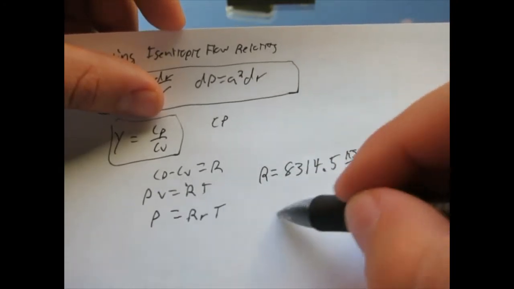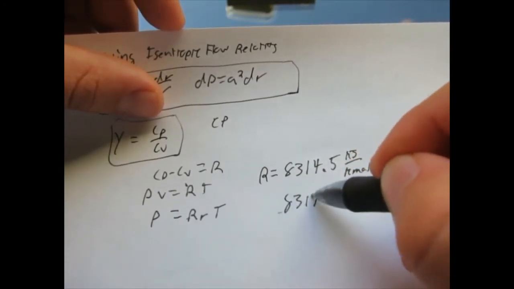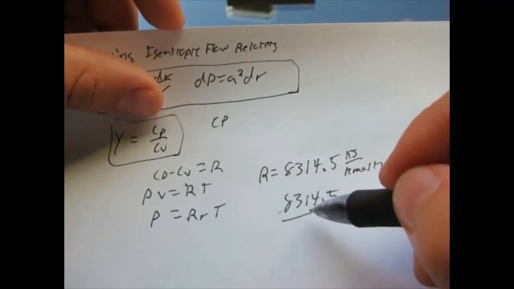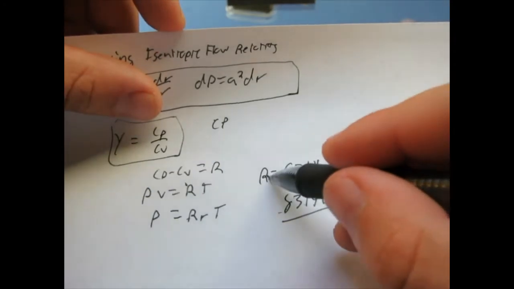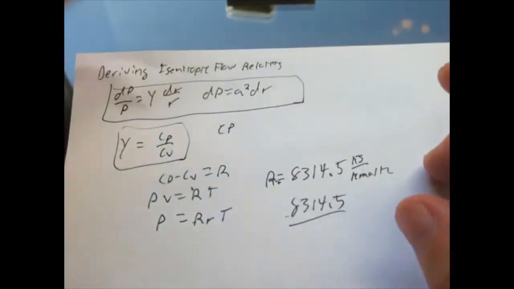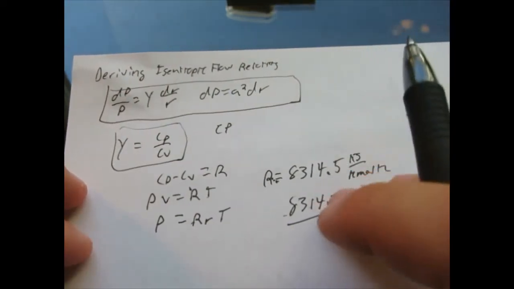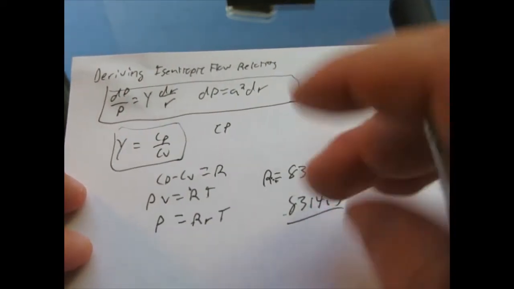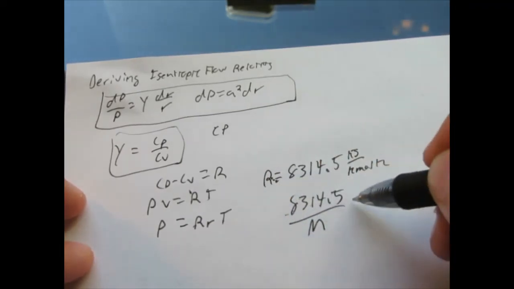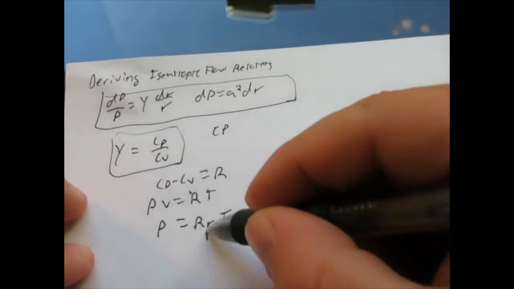So for air you would take 8314.5 and divide it by the molar mass, and then you would get the R value for air, which I don't know off the top of my head, but that's what it is. So this is the R we're using. It's this R divided by M equals the R we're using here.